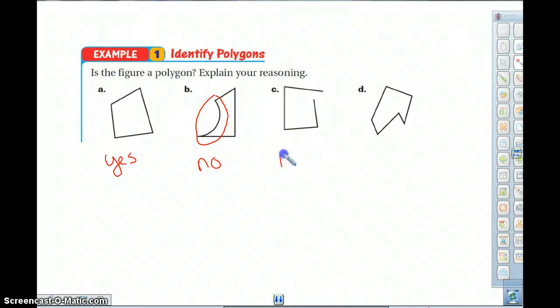C is not a polygon because it's not closed. This side right here is not closed. It doesn't connect at a vertex, therefore it is not a polygon. D is a polygon. Even though this is a concave polygon, it is still a polygon. Everything connects at a vertex, everything is closed, and everything is straight lines.